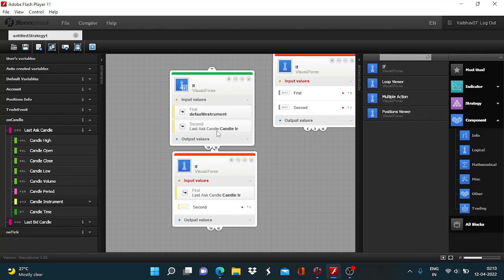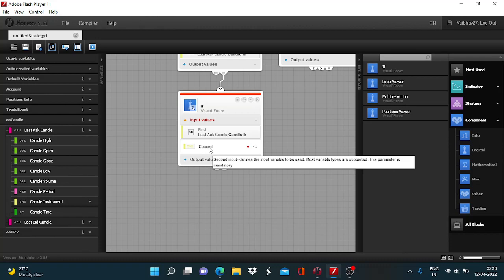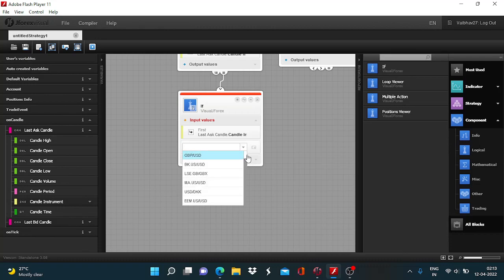And candle instrument should match the instrument of choice, which is of course Euro USD.